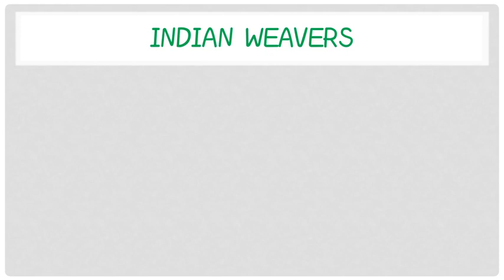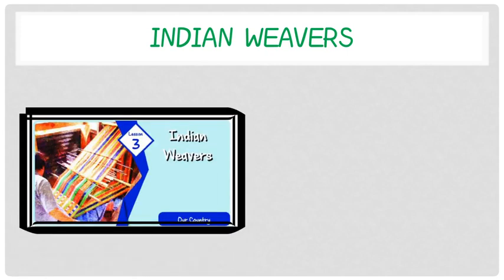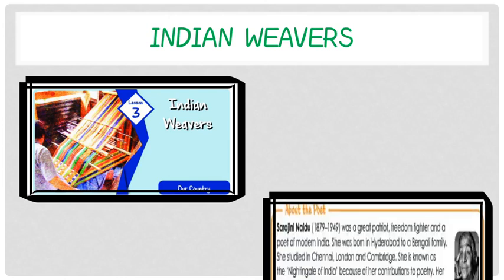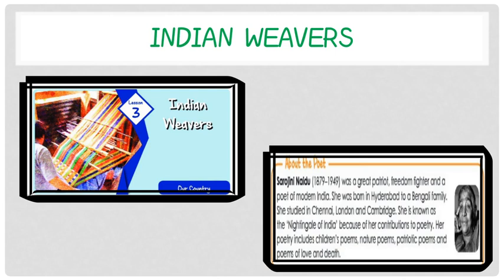Okay, so before we start this lesson, we will know about the author. You can see this is the picture of a weaving machine. Now we will know about the author. The author, as I said, Sarojini Naidu, is an Indian poetess.